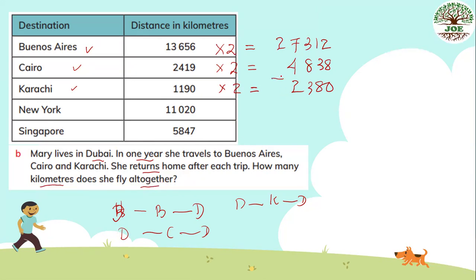So we have to sum up. 34,530 kilometers. 34,530 kilometers altogether.